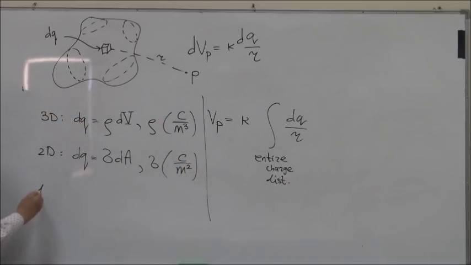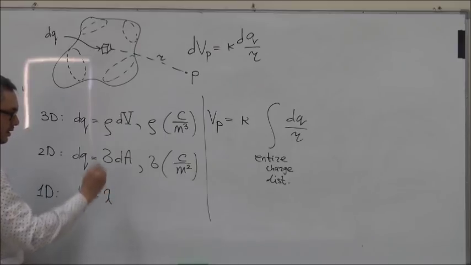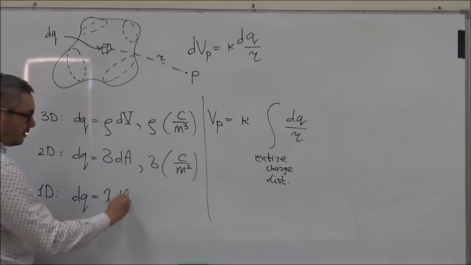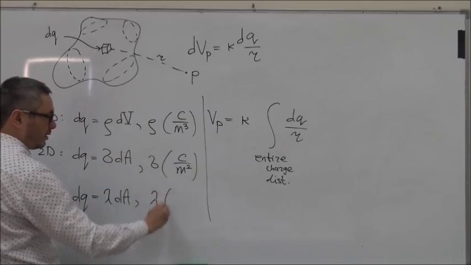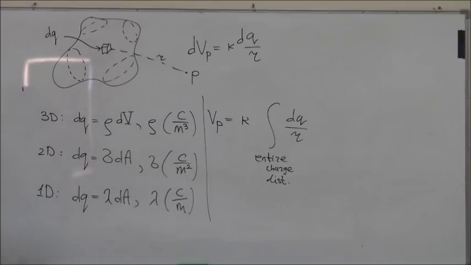And finally, if you have a 1-dimensional problem, then this element dq will be represented as linear charge density lambda times dl, where lambda is in coulomb per meter. Now, whenever you have a problem on continuous charge distribution, you always have to take advantage of the symmetry of the problem.